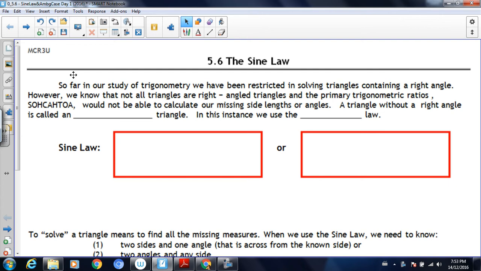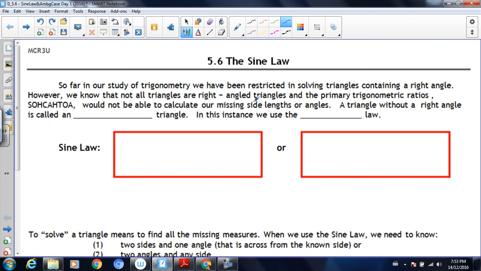Okay, so let's recap the sine law. So far in our study of trigonometry, we have been restricted to solving triangles containing a right angle. However, we know that not all triangles are right angle triangles, and the primary trigonometric ratios, SOHCAHTOA, would not be able to calculate our missing side lengths or angles for non-right angle triangles.